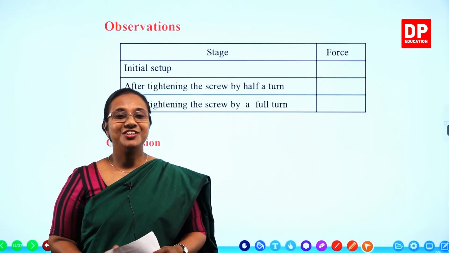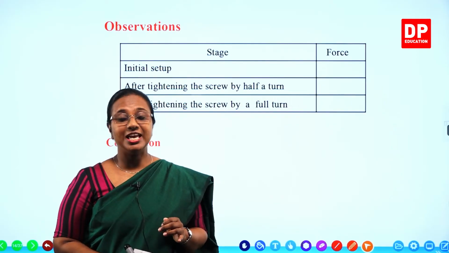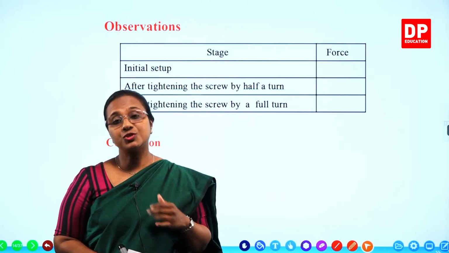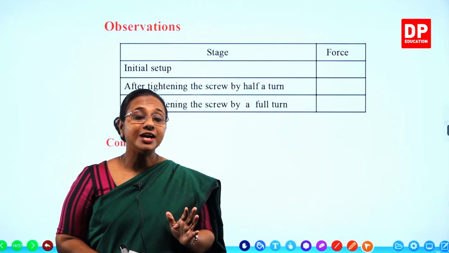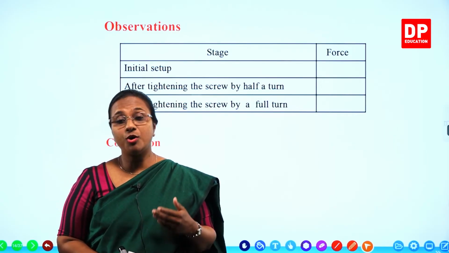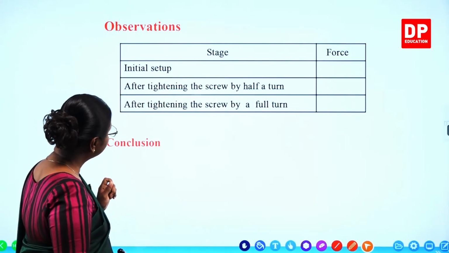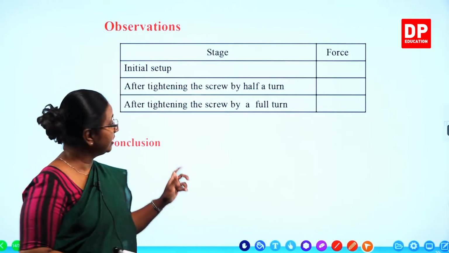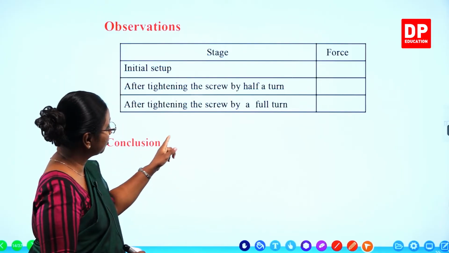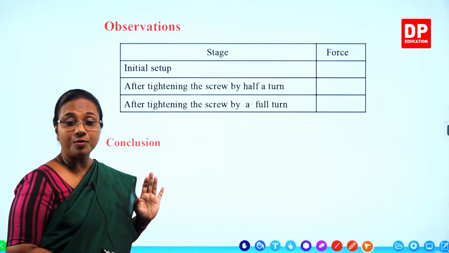Okay, students. So you all got a good observation of how the forces change when we tighten the screw nail. So why did we tighten the screw nail? In order to change the moment of force. So we had the initial setup, then after tightening the screw by half a turn, and again after tightening the screw by a full turn. What did we get as the observation?